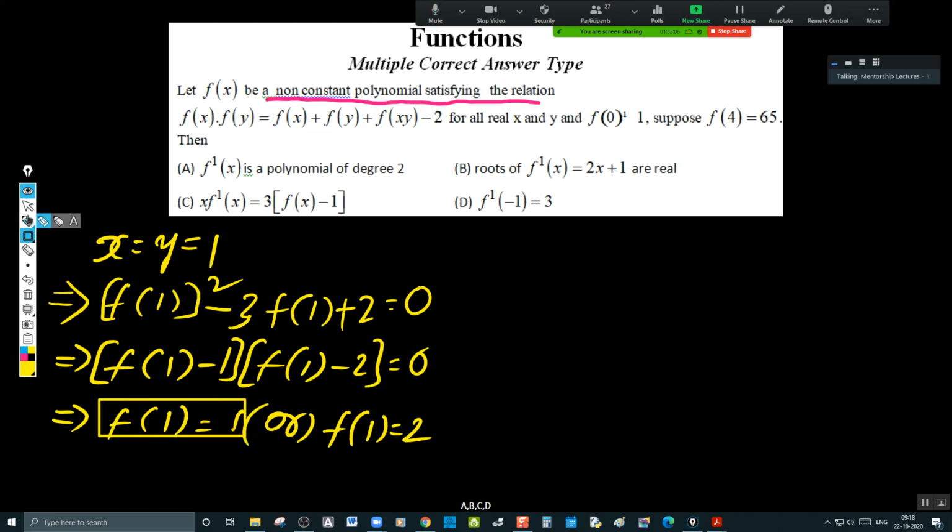Then, you have to derive the function finally.